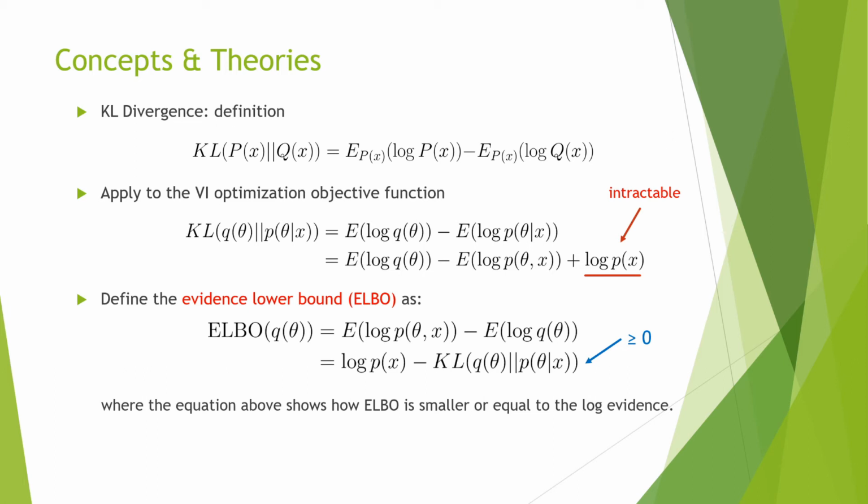This also explains its name, because the KL divergence as a measure of distance is non-negative, so the ELBO is smaller than or equal to the log evidence and serves as a lower bound. Most importantly, the task of minimizing KL divergence now becomes a task of maximizing the ELBO, since the log evidence is fixed.